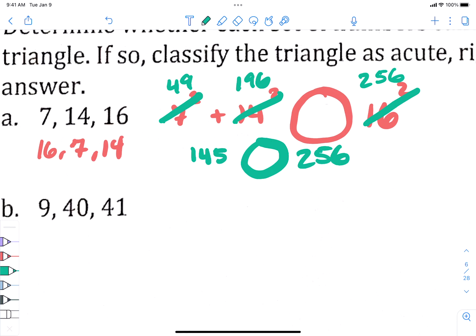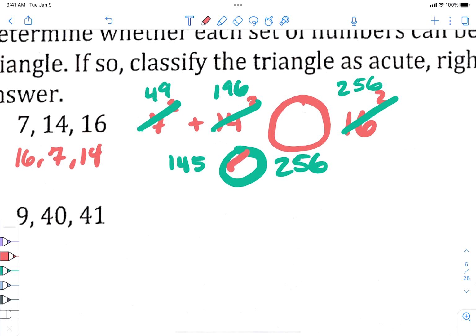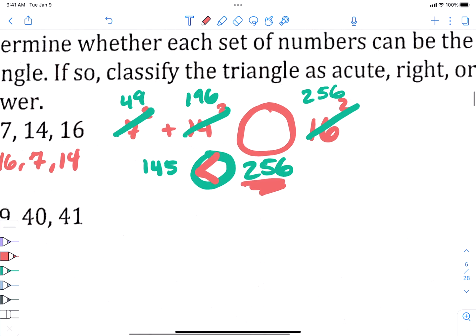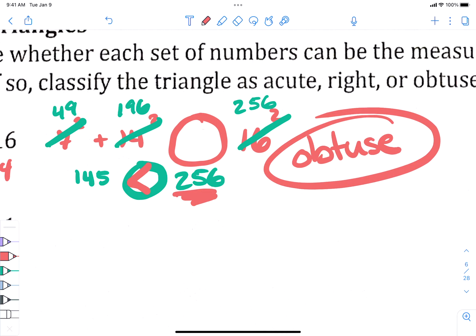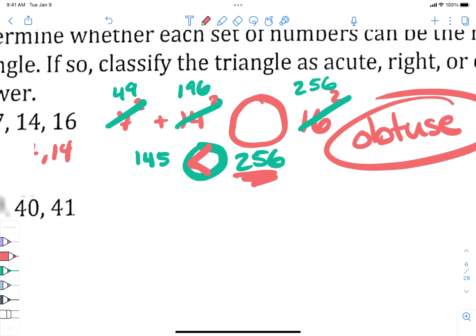Is this a right triangle? No, because they're not equal. Okay? This is my inequality, which means that my biggest side is really big, right? 256 is my biggest side. That's really big. So this is what kind? Obtuse. Does this make sense? This is an obtuse triangle. My biggest side was really big. It was bigger than the other two even added together.